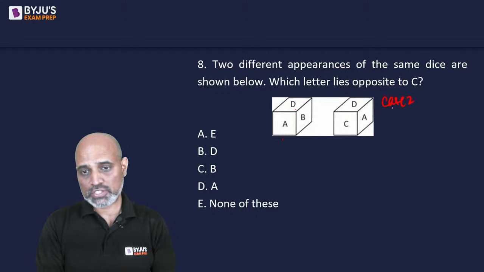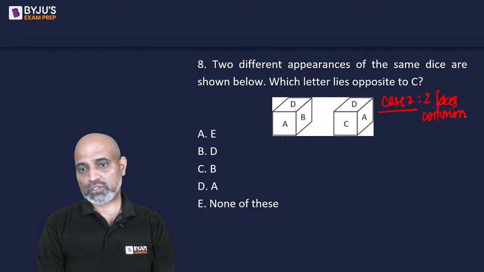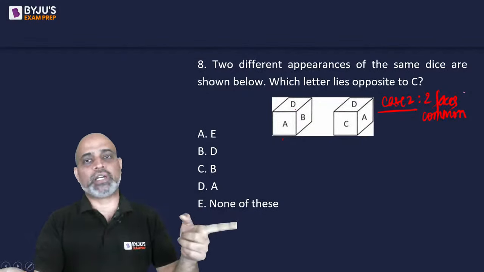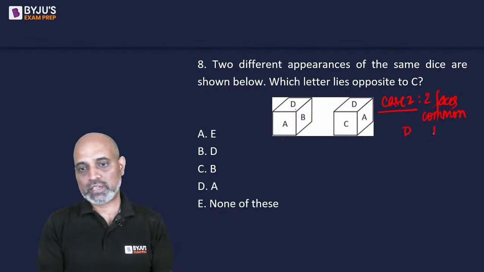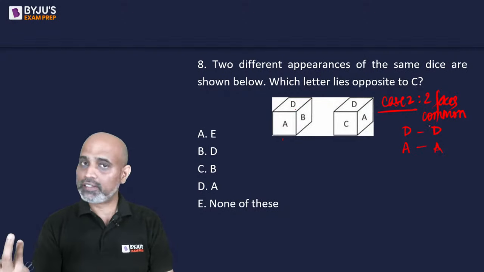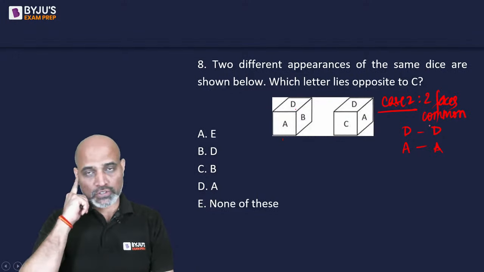This is called case 2 of dice. You have two faces common. टू फेसेस कॉमन का मतलब है कि दोनों डाइस पे आपको दो नंबर्स दिख रहे हैं जो दोनों में है, एज इन D दोनों में है और A भी दोनों में. अग्रीड? ठीक है. सो दिस इज नोन एज केस 2 ऑफ डाइस.